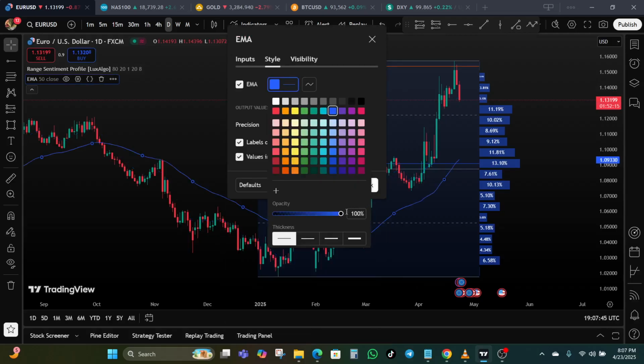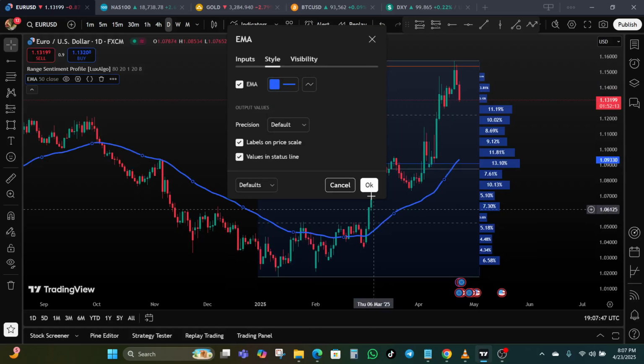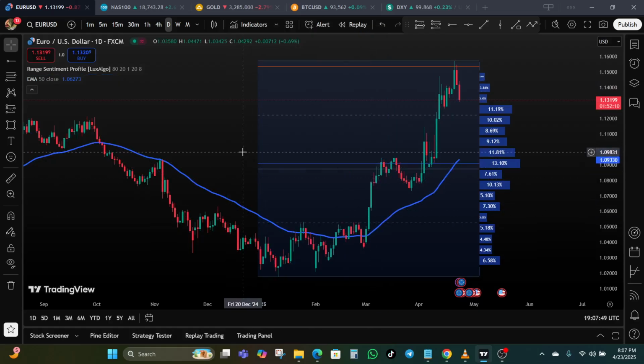Once you have done this, this is going to be a trend filter for you, if you want to avoid ranging against strong trends. But in a flat or consolidating market, this indicator becomes your best friend.